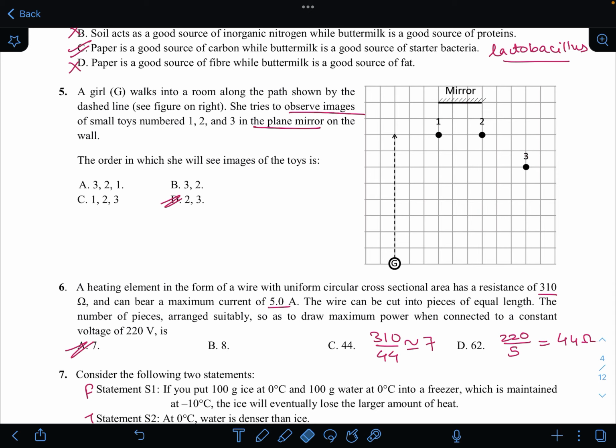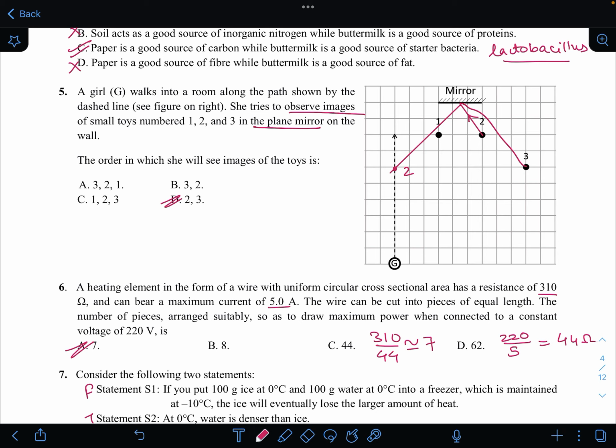Okay, that's for the second toy. If I draw a line like that, the light moves here and I can continue that, and the girl would be able to see it right here. So this is the point where she'll be able to see the second object. Same thing for the third one.